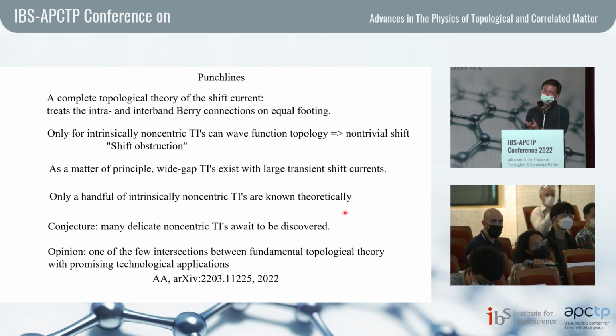Can we begin with a homogeneous crystal which is non-centrosymmetric and therefore has this large shift current, and can we then dope it in a way analogous to silicon, and then even produce a larger photovoltaic current that might compete with silicon? So I guess you can view it in two ways. Okay. Thank you.